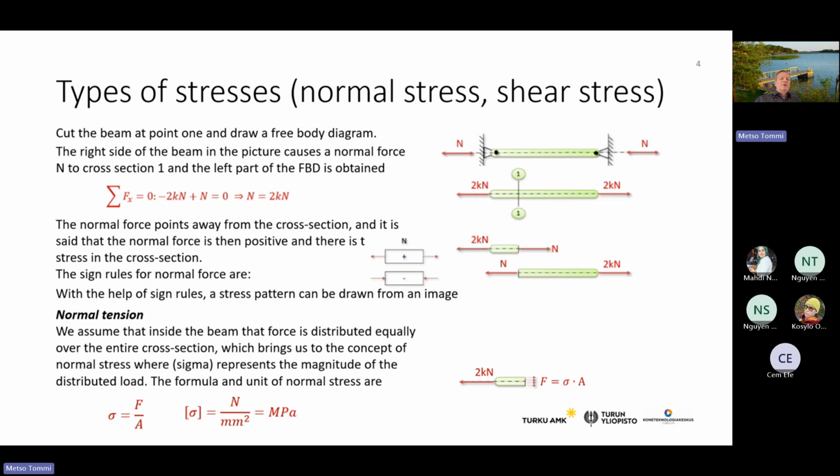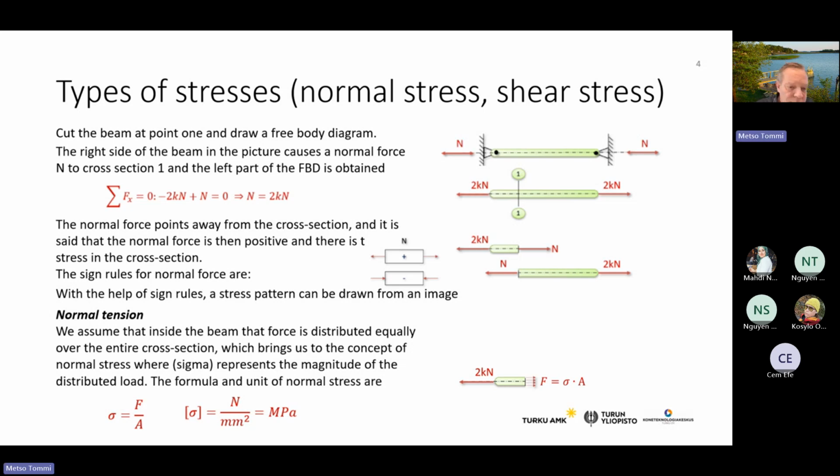But this is new. The force divided by area is stress, and we use the sigma sign.